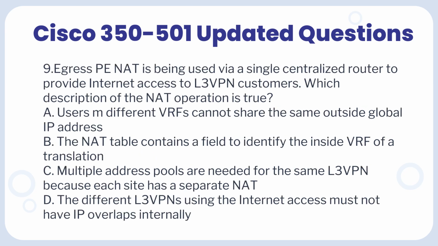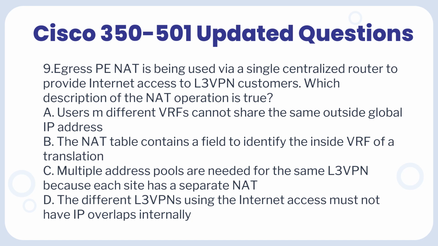9. Egress PE-NAT is being used via a single centralized router to provide Internet access to L3 VPN customers. Which description of the NAT operation is true? A. Users in different VRFs cannot share the same outside global IP address.